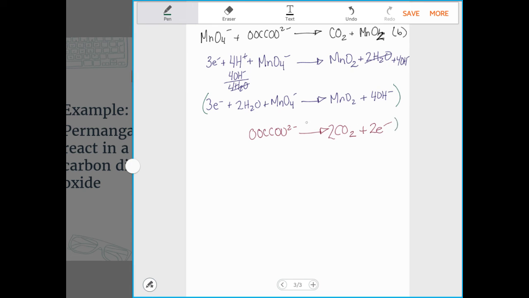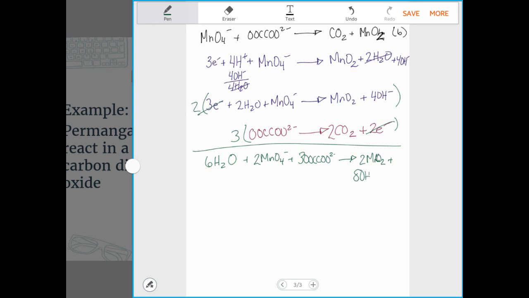Looks like this one is going to need to multiply by 2 and this one by 3, which leaves me with canceling out my electrons, but I have 6 H2Os, 2 MnO4s, 3 oxalates, giving me 2 MnO2s, and 8 OH minus, and 6 CO2s.